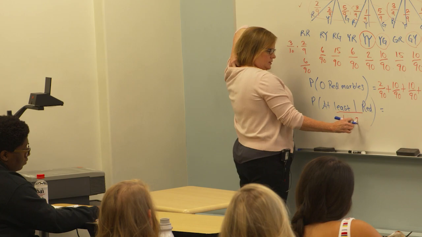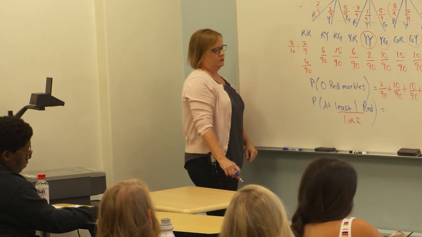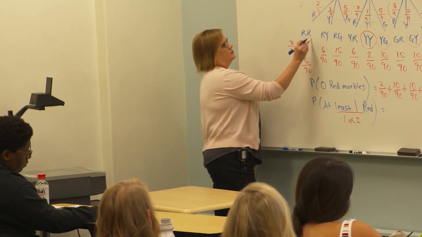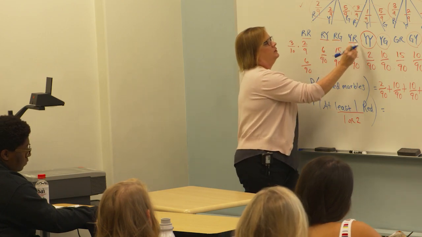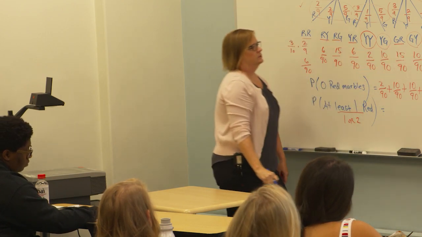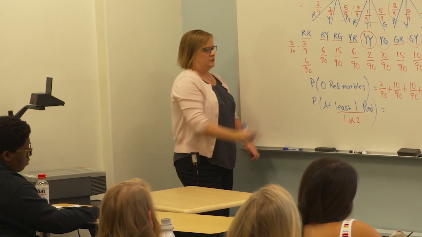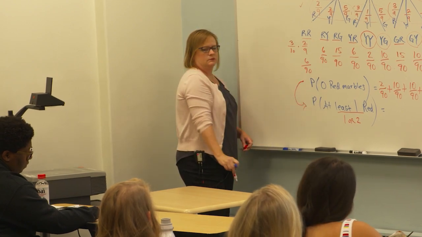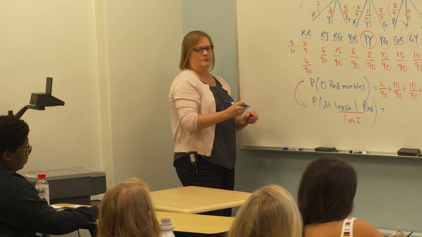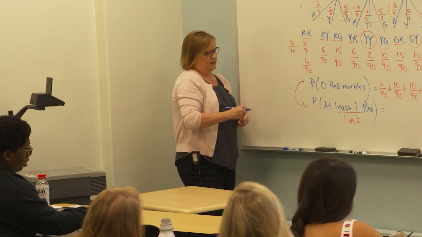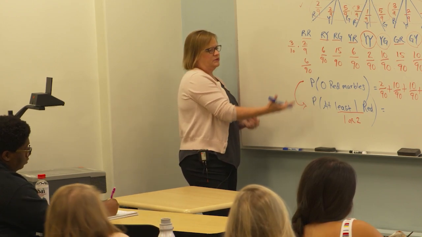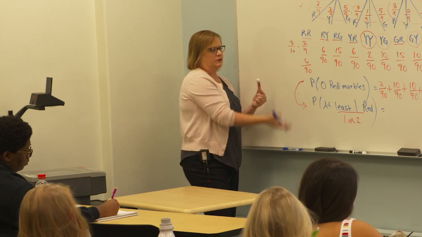Yeah. In this case, 2 would be our cutoff, 1 or 2. It's the what of 0 red? Remember the name for that? Complement, yeah. Yeah, it's either there's no red or there's at least 1 red. It's got to be one or the other.